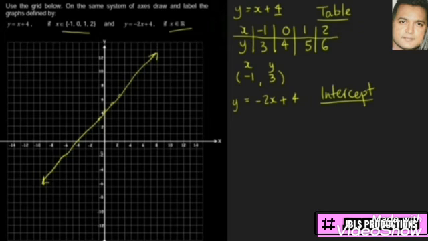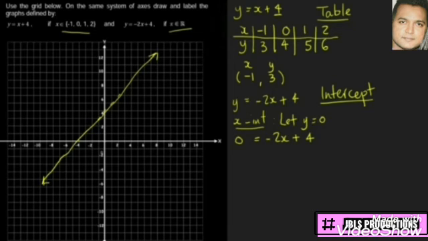So for the first one, working out the x-intercept. When we work out the x-intercept, we say let y equals 0. See, x and y, so that's how you know it. X-intercept, let y equals 0. So I'm going to take that formula, and where I see y, I'm going to make it 0. So 0 equals minus 2x plus 4. And now it becomes an equation which I'm going to solve.